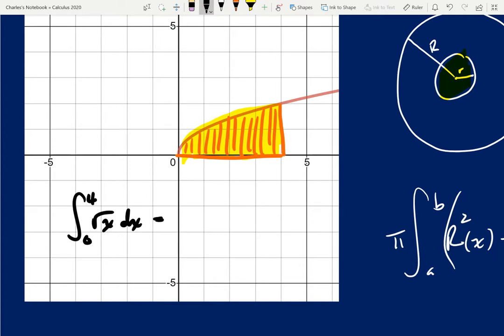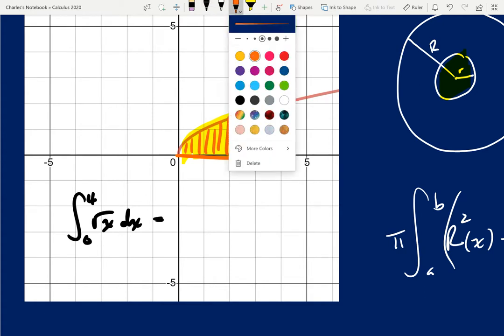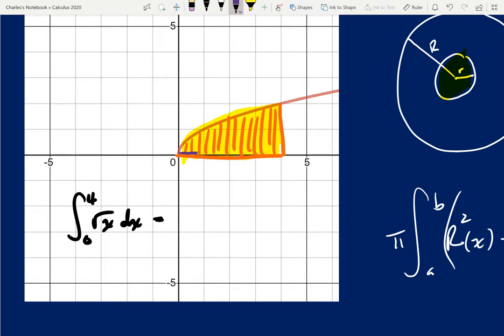However, is there another way to look at it? I bet there's another way to look at it. What if I wanted to go with horizontal slices all along this way? Shouldn't that give me the same area? It should. What would that formula be? Well, now it's not my x that's varying, it's my y going from 0 to 2.